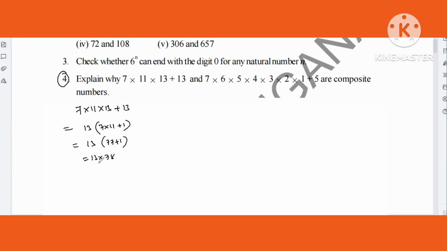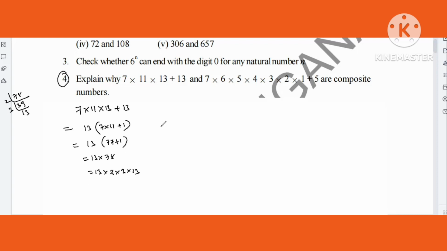Now how can you write 78? Prime factorization is 2 into 3 into 13. So you can write it as 13 into 2 into 3 into 13. Means here the number is written as a product of primes. So this is not a prime number, that is a composite number.